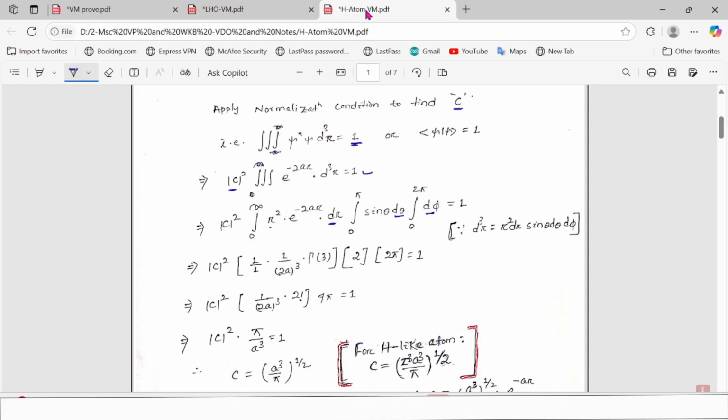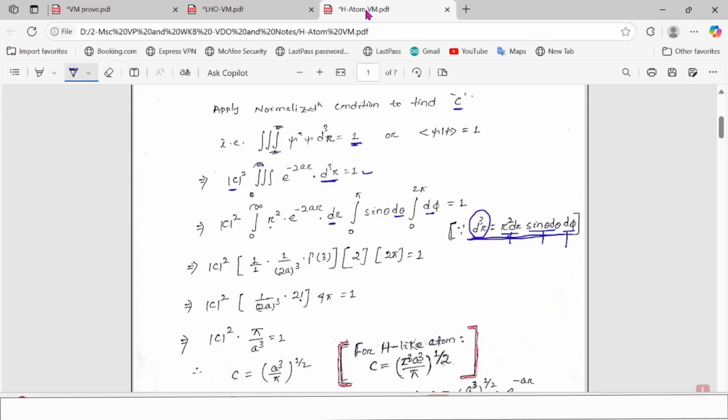So C mod square, and here dτ, the small volume element in the 3-dimensional case, is nothing but r squared dr sin theta d theta d phi. So dτ is a function of r, theta, phi, and the three integrations will be integrated separately for r, theta and phi.